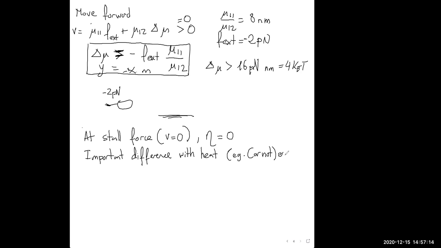Carnot engines, because this type of engine maximizes efficiency in the quasi-static limit.